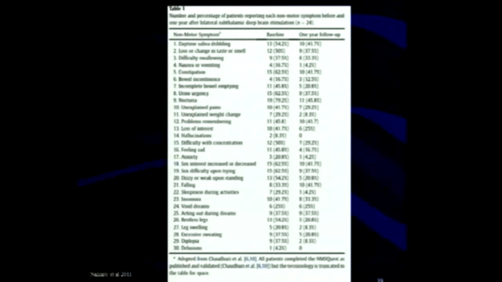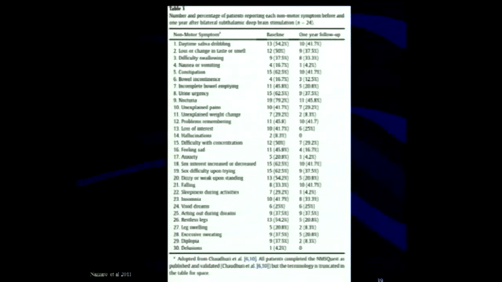On average, they found that 27 of the 30 non-motor questions had shown improvement. On average, their patients had, before surgery, 12 positive non-motor symptoms, and at follow-up about a year, they had about 7. And so there was some improvement.